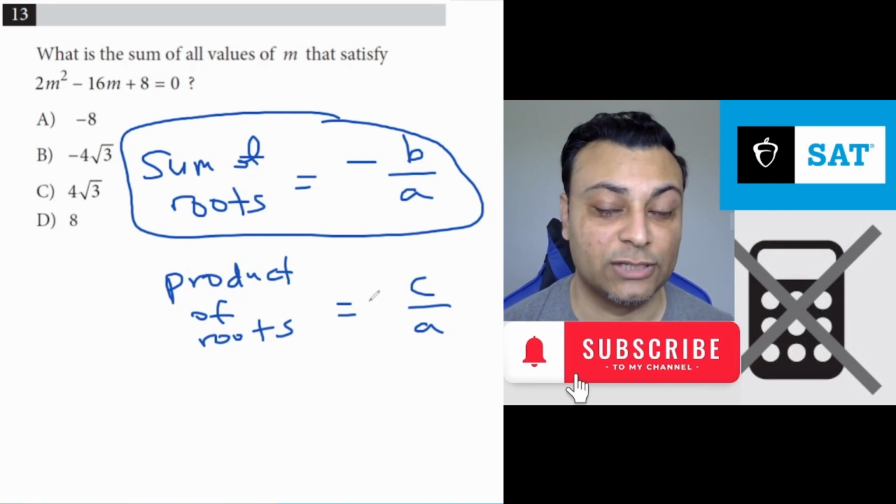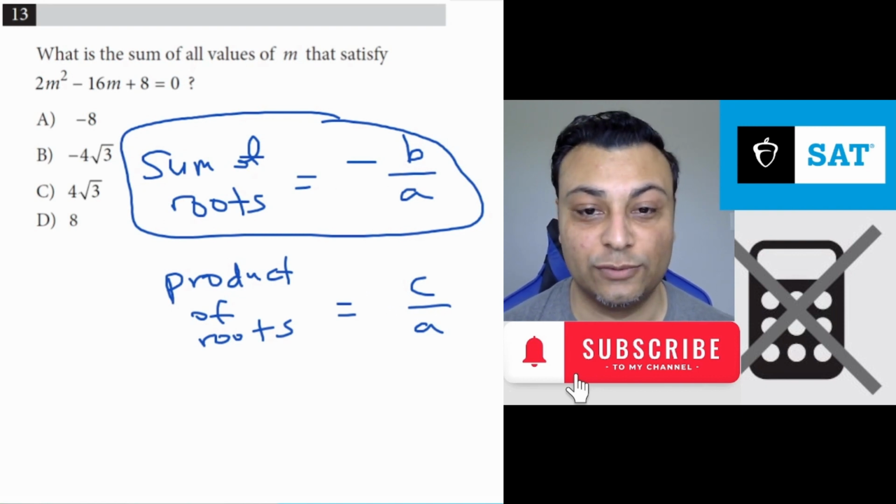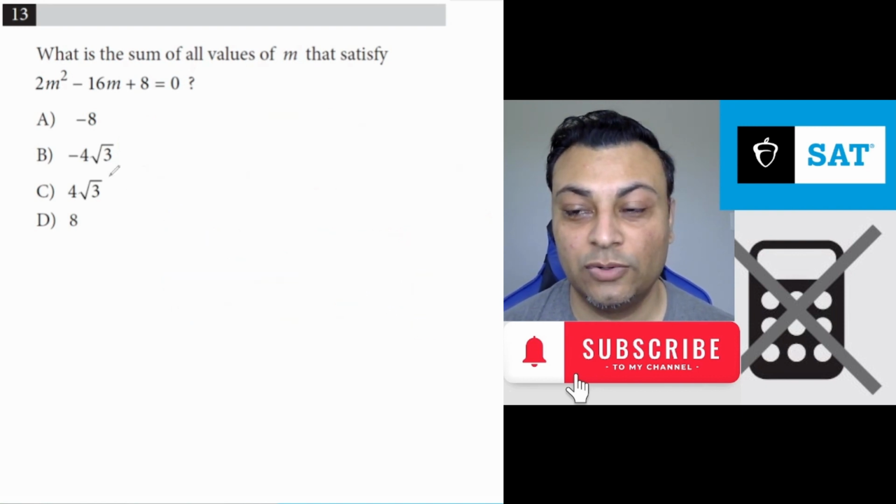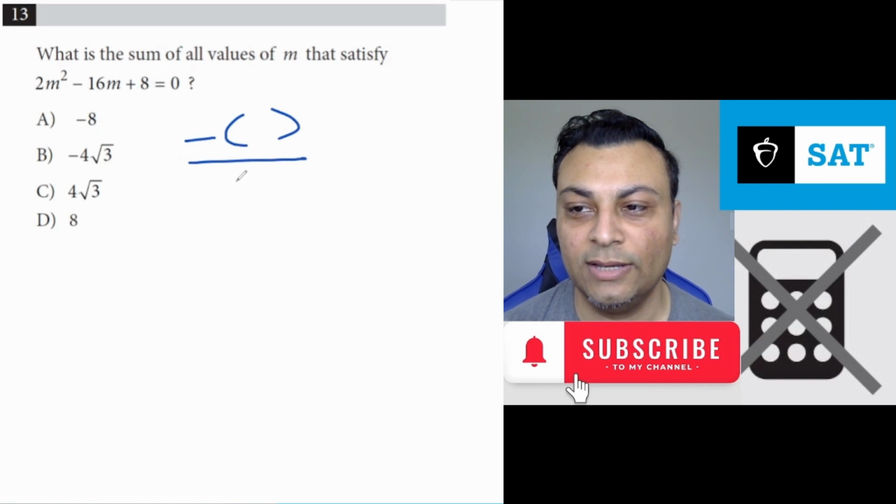We're not going to use that for this problem, but negative b over a is useful. So you can do it right now, or even with the simplified version. Right now, if you do negative b over a, the b is negative 16, right there, and the a is 2. You end up with 16 over 2, you end up with 8.